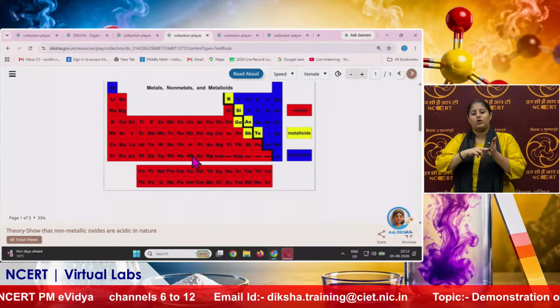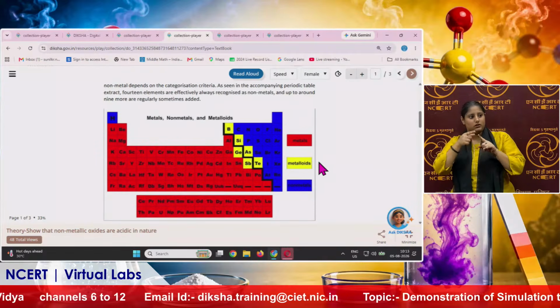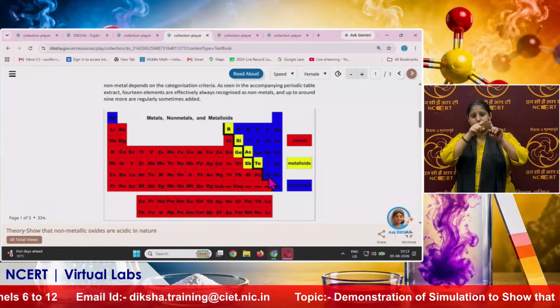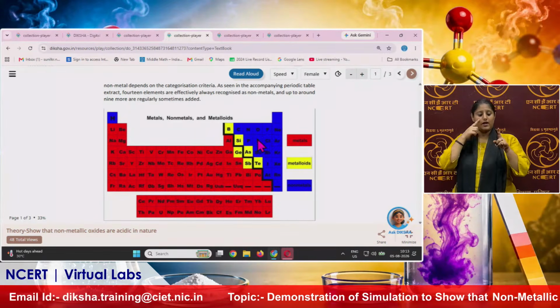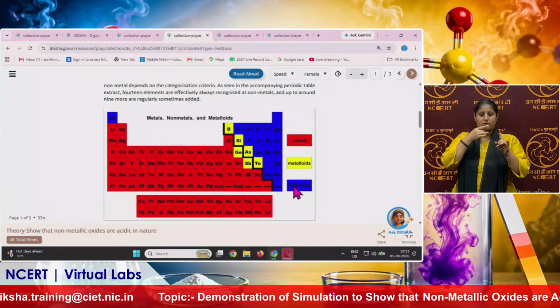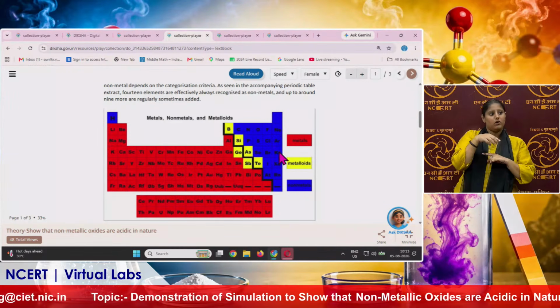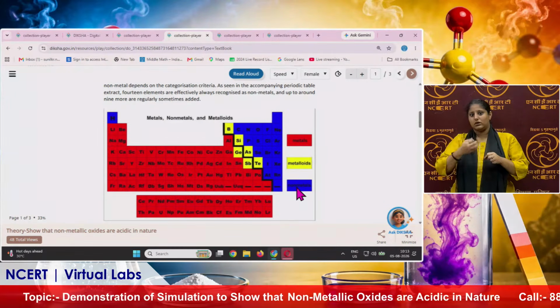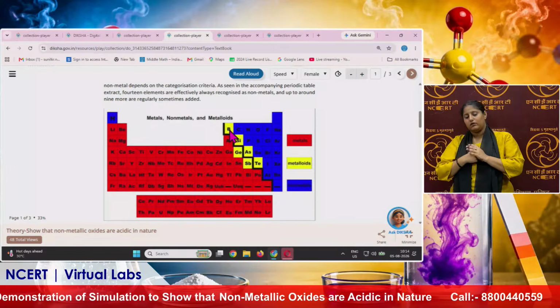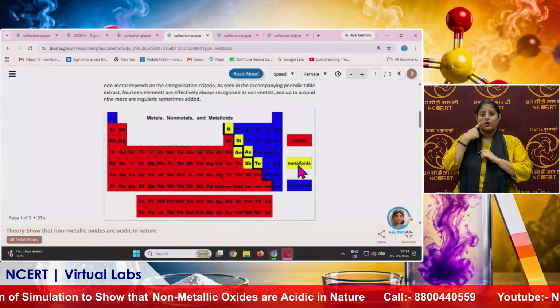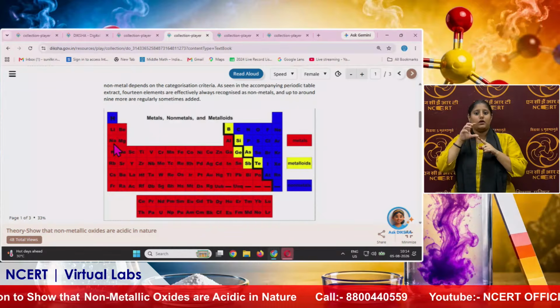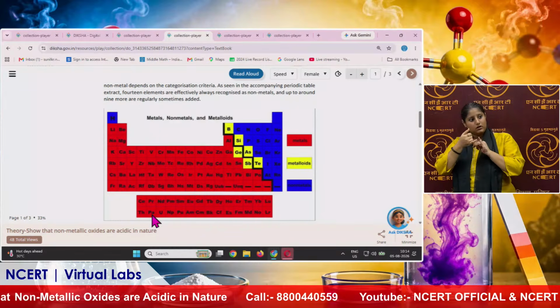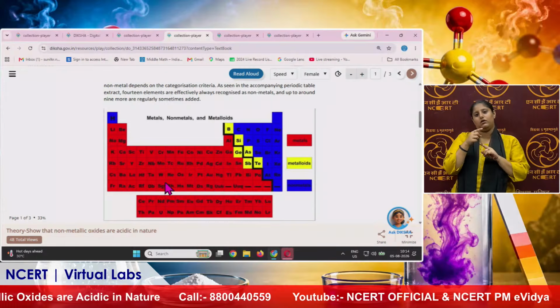This is the periodic table, and here you can see that the elements marked with blue are the non-metals. Okay. And the noble gases also lie under the non-metals. The yellow-colored elements represent metalloids, and the p block elements and s block elements are metals. Also f block elements are metals.